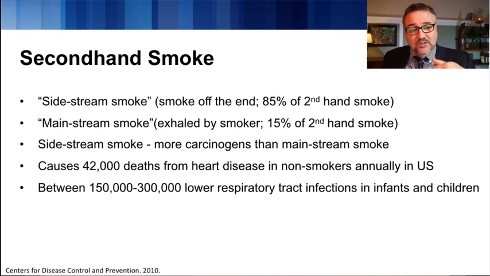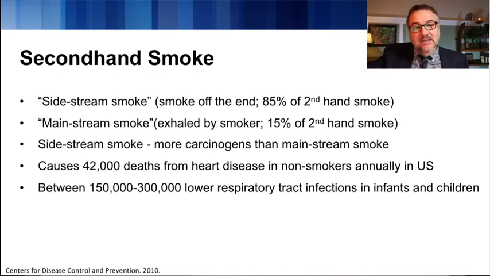This is side stream smoke. There are two kinds of smoke that you get from smoking. One is smoke that smokers pull through the filter, and they inhale the smoke through the filter, and the filter decreases the level of carcinogens in the smoke. The other is smoke that's coming off the end of the cigarette. The majority of smoke in a room when a person is smoking is from that side stream smoke.